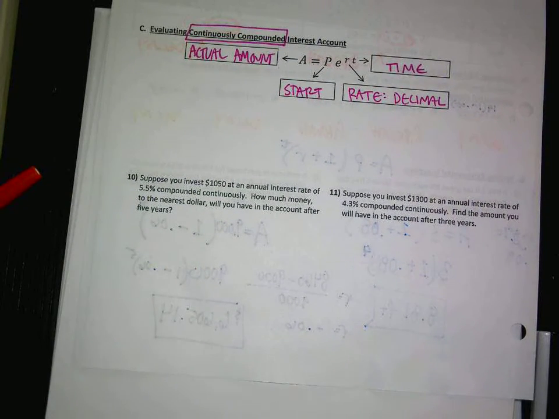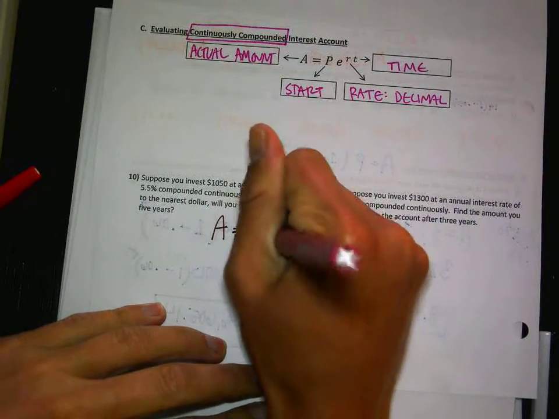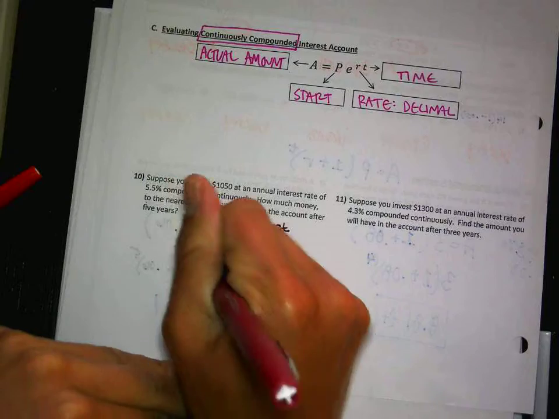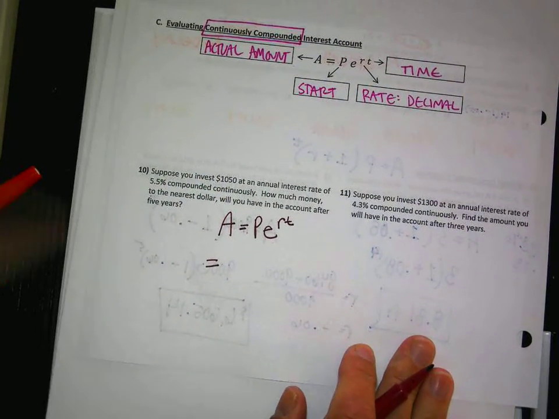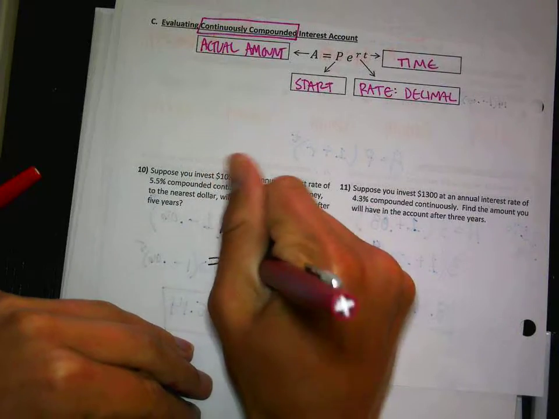So number 10 says, suppose you invest $1,050 at annual interest rate of 5.5% compounded continuously. How much money to the nearest dollar will you have in the account after 5 years? So for the PERT formula, A equals P E to the RT. What is your starting value, your principal amount? 1,050.